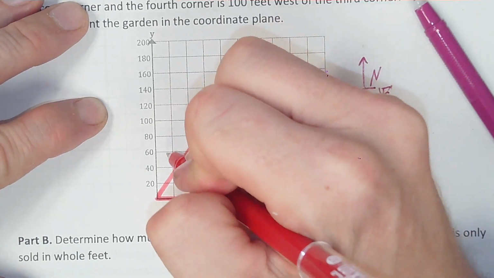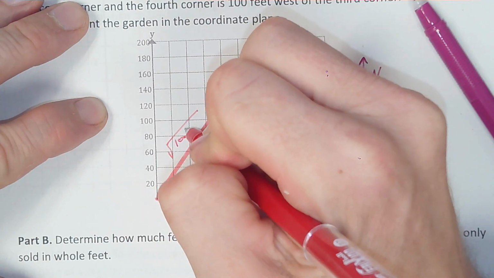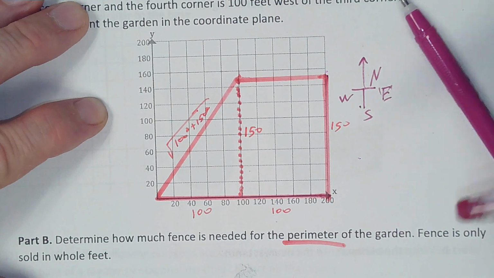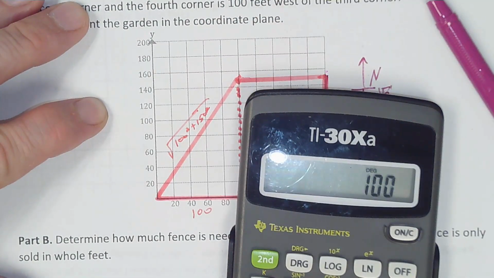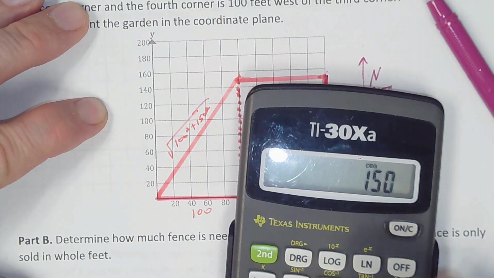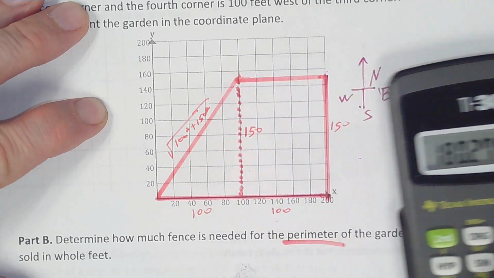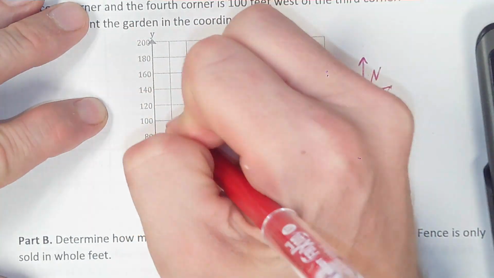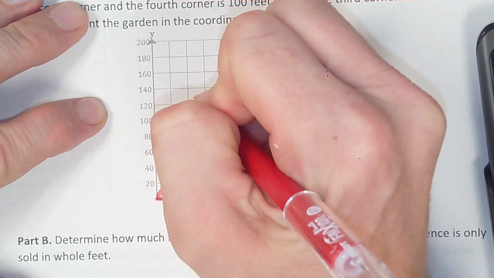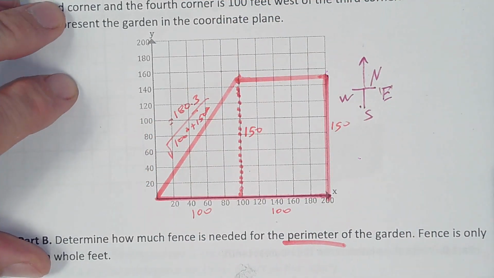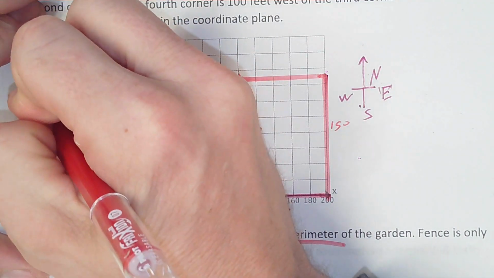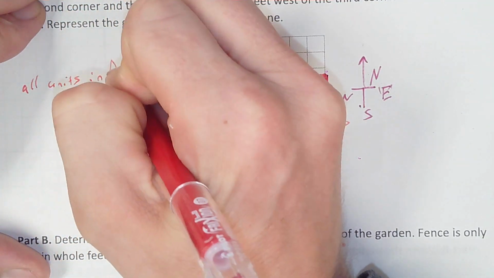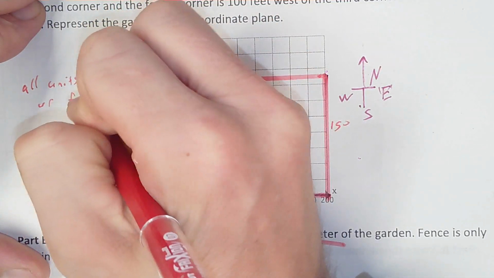Well, this is the square root of 100 squared plus 150 squared, because Pythagorean theorem. So that's approximately 180.3. All units are in feet, or feet squared.